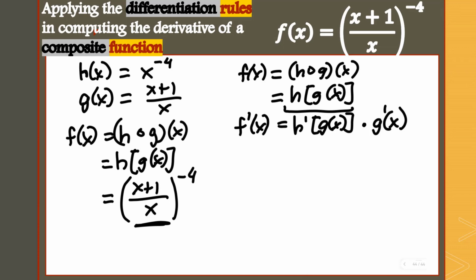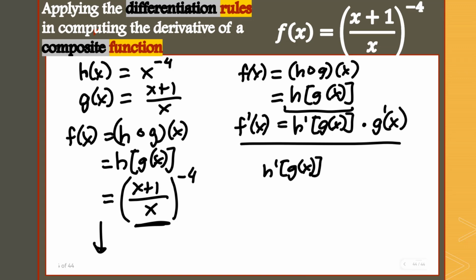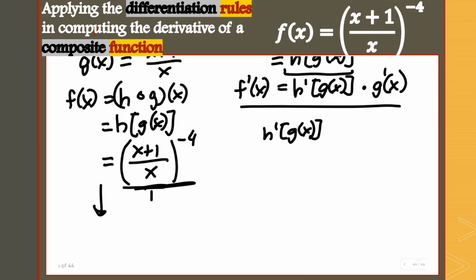So this is what we call the chain rule. Since our function has a rational expression, let me have a scratch paper here for some of the important concepts before we solve for the first derivative. So let's start with this form, as we are taking the derivative of this, treating this as 1.